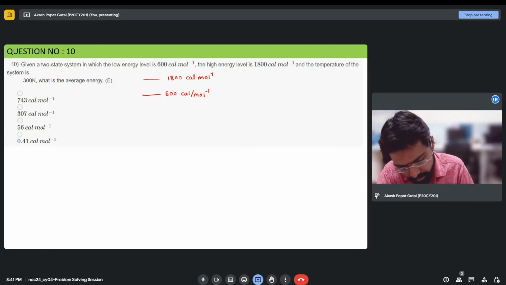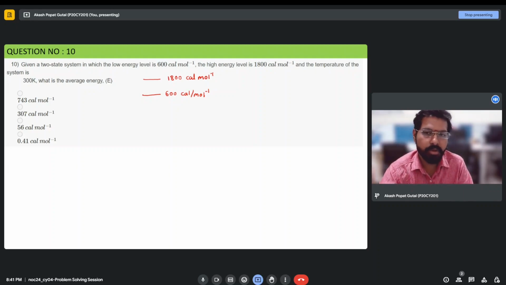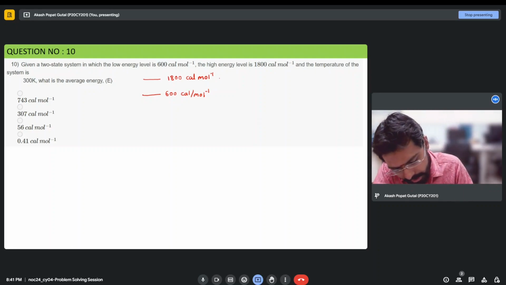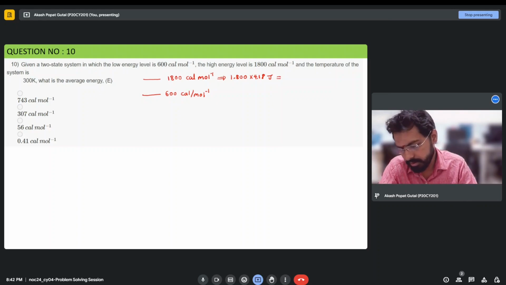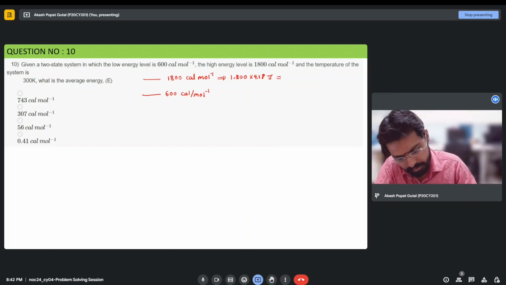The conversion factor we know is 4.18 to multiply. 1800 times 4.18 is 7524 joule per mole.